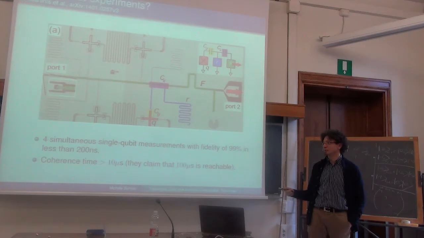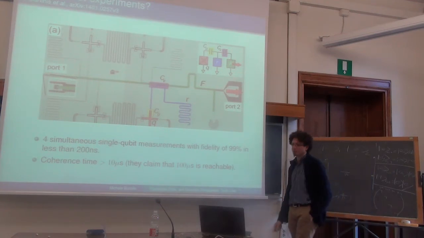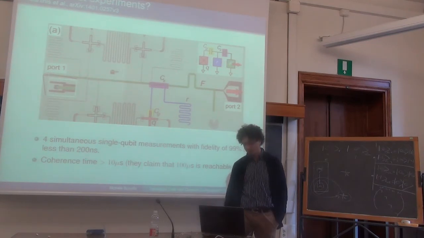So you see that you may apply this operation many times inside the coherence time. And this suggests that this superconducting structure sooner or later may allow us to build quantum memories that are stable enough.